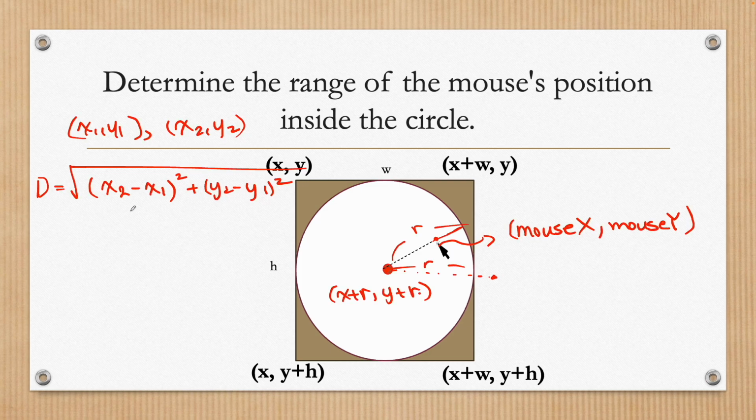Then you add them together and take the square root of everything. That will give you the distance between any 2 points. Now, if you want to find the distance between the center of the circle and the mouse, you would simply substitute those coordinates.